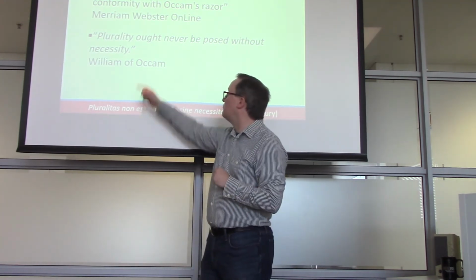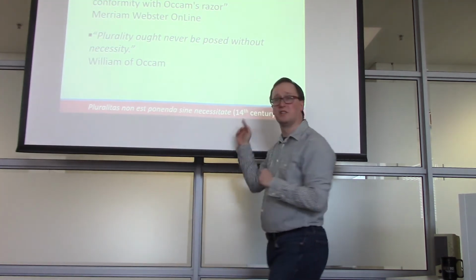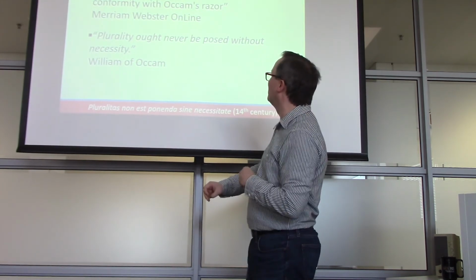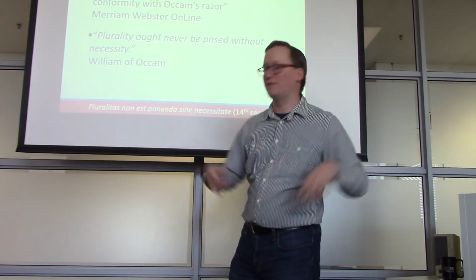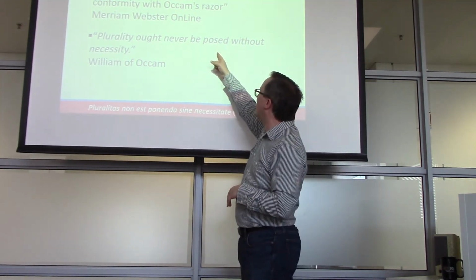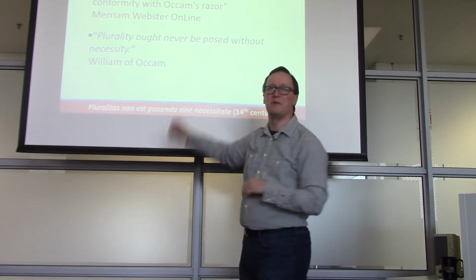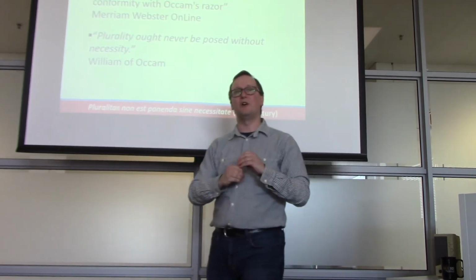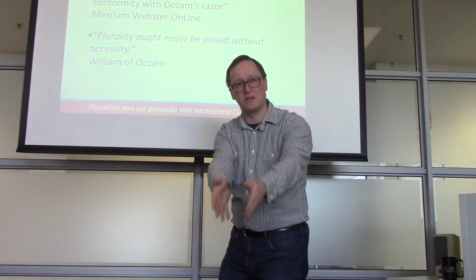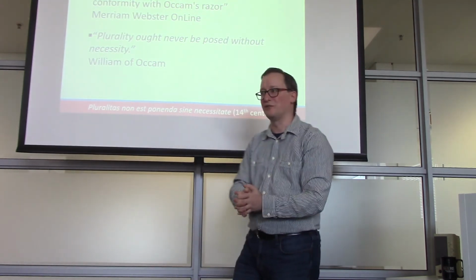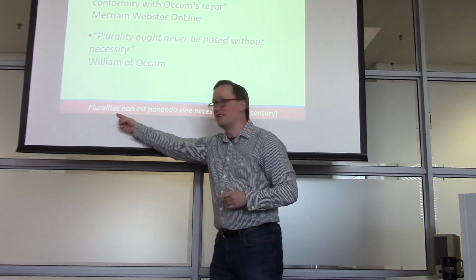This comes from a fellow named William of Ockham back in the 14th century, so the 1300s, who said something like, plurality, naming lots of things, should never be posed without necessity. So in other words, don't go further in your explanation than you must in order to explain what actually has been observed. Now, he actually said this in Latin.